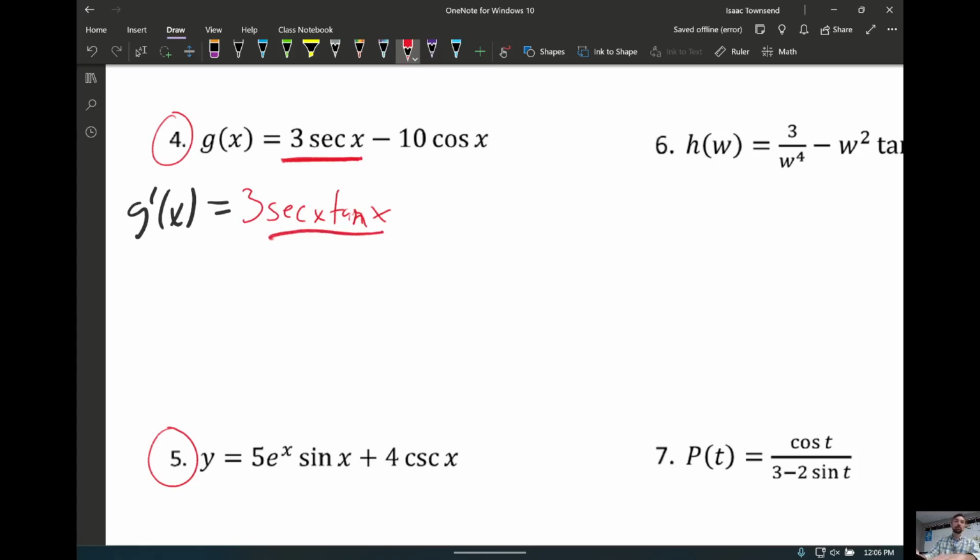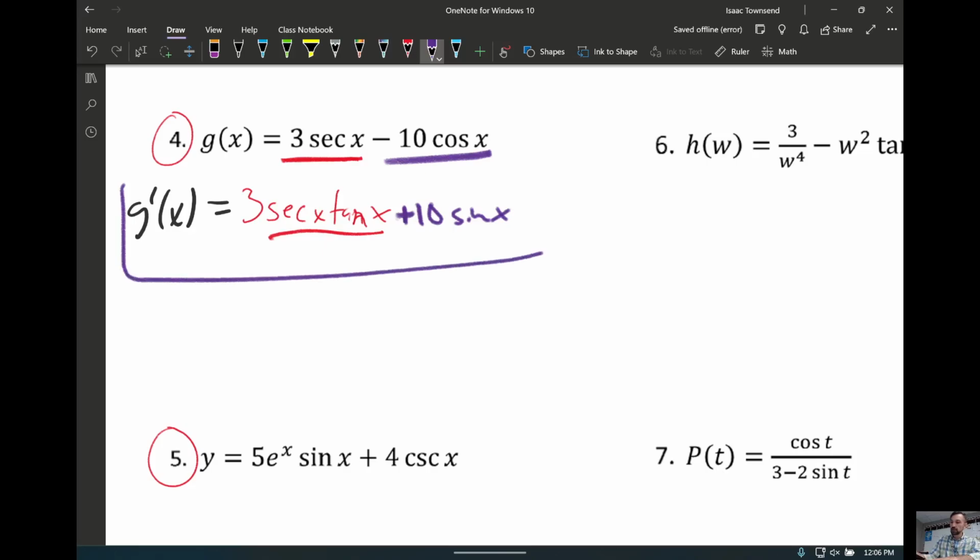And again, you'll know that one once you memorize it. And then same idea with this one. This is going to be negative 10 times the derivative of cosine. And the derivative of cosine is what? Negative sine. So that changes that to a plus. So you can do that one as soon as you memorize trig derivatives.